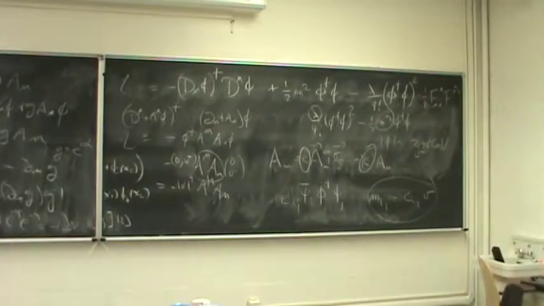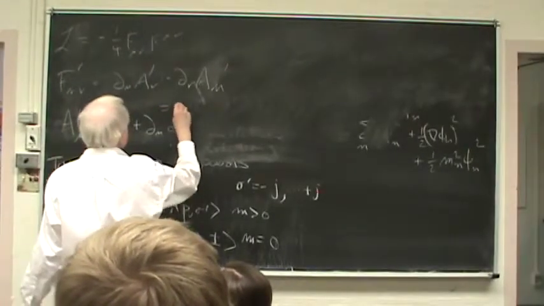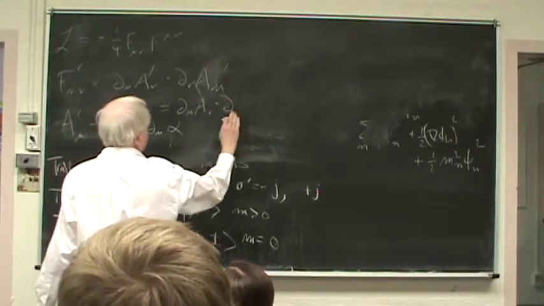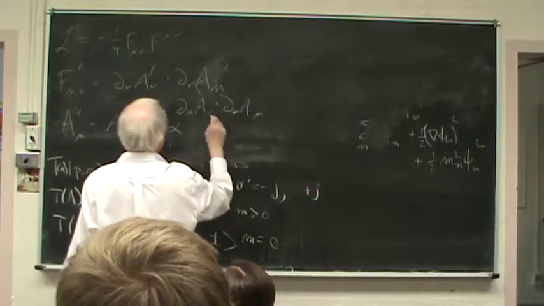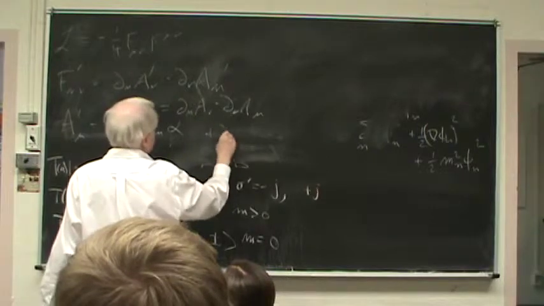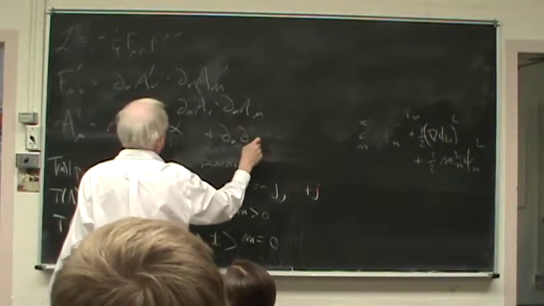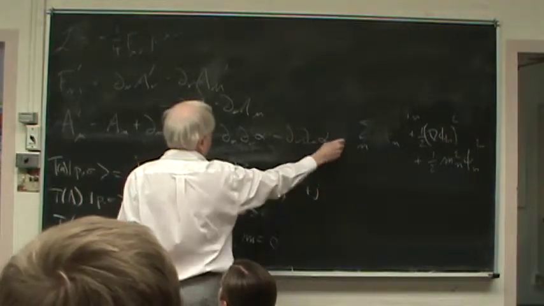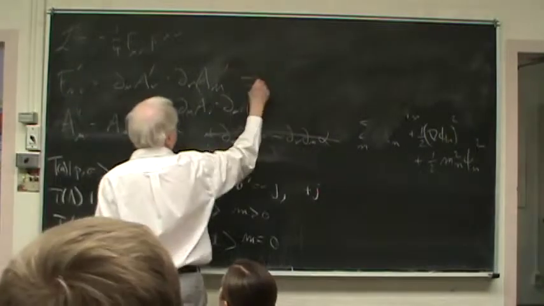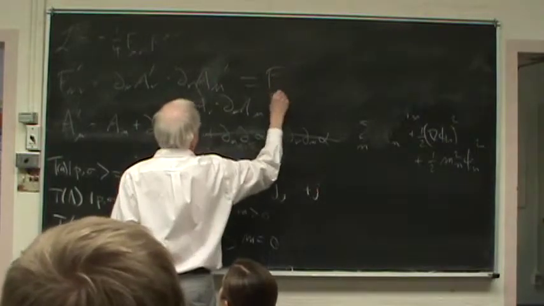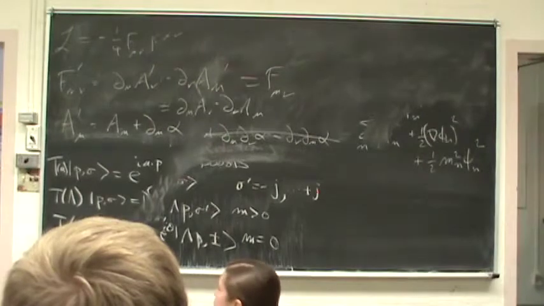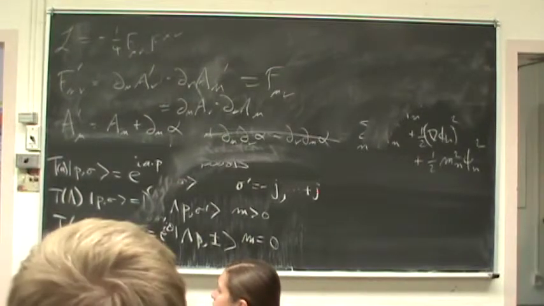So if a mu changes this way, then this thing is equal to ∂_μ A_ν minus ∂_ν A_μ, and then the extra terms are ∂_μ∂_ν alpha minus ∂_ν∂_μ alpha, and so they cancel. And so you get that F'_μν is F_μν. So that's ordinary gauge invariance. Fields that differ by a gauge transformation are physically equivalent.